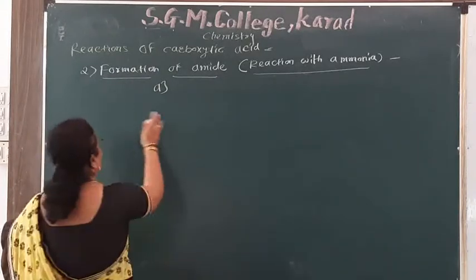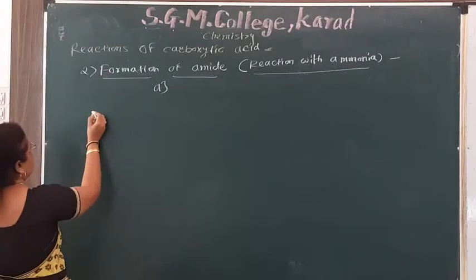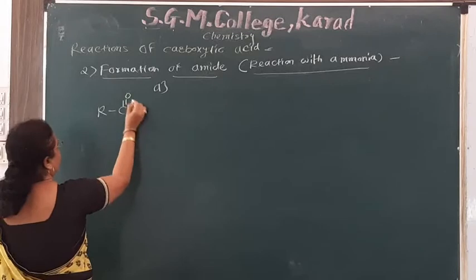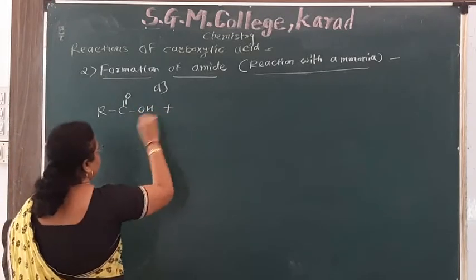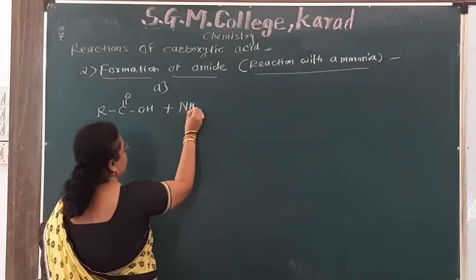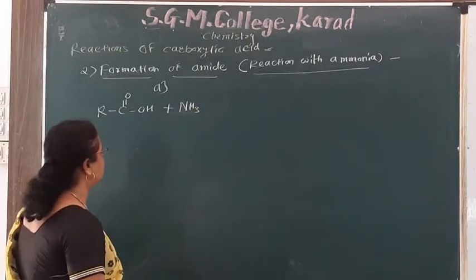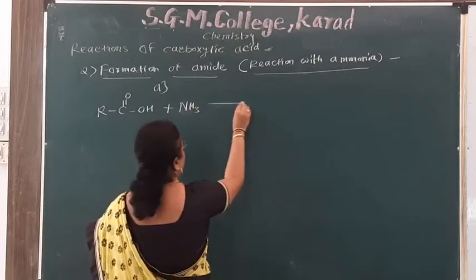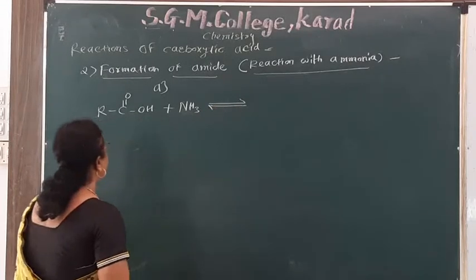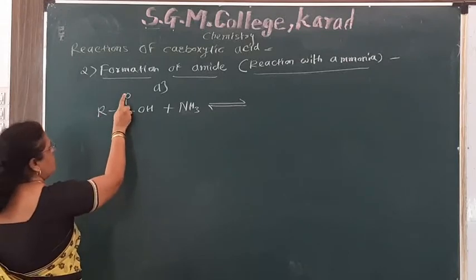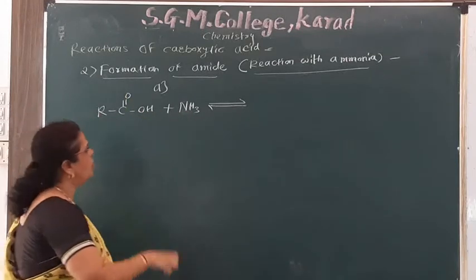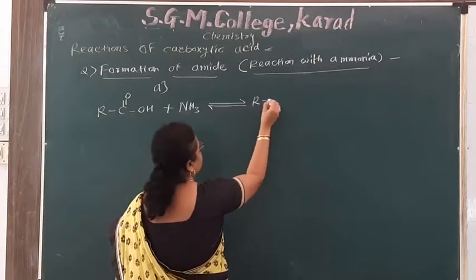For example, the general reaction is carboxylic acid, that is RC double bond OH, when treated with ammonia NH3. This reaction is reversible.